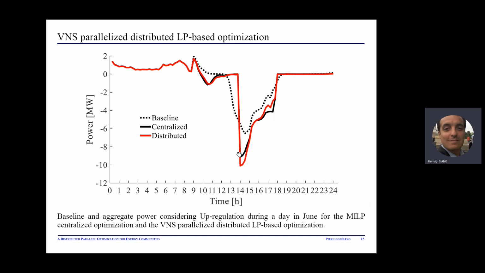We can see that the up regulation is delivered for 4 consecutive hours from 2 p.m. to 6 p.m. Compared to the centralized optimization, the proposed day-ahead parallelized distributed optimization can achieve the same flexibility in terms of delivered energy in the mentioned period and the same value for the objective function.